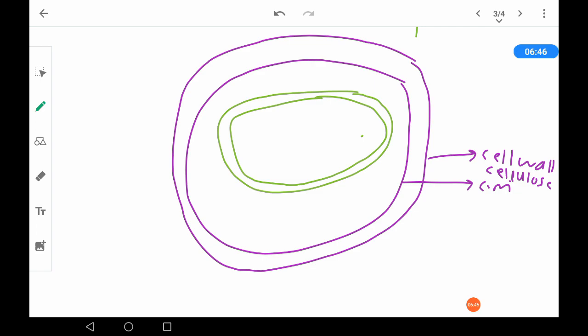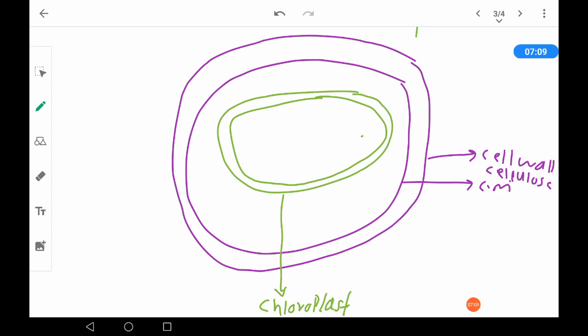This is the chloroplast. It is the only organelle found in plants and in algae, or we can say in the organisms that do the photosynthesis process.